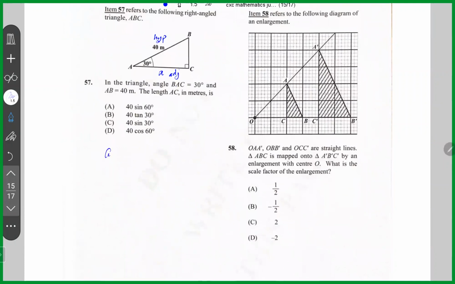So the cosine of 30 degrees is equal to adjacent AC over the hypotenuse 40. If I have one fraction equal to one fraction, and I want to get rid of the fraction, I would cross multiply. So AC would be equal to 40 cosine 30 degrees.